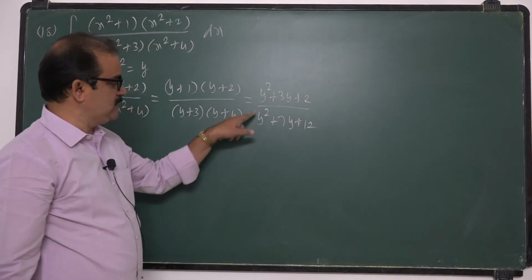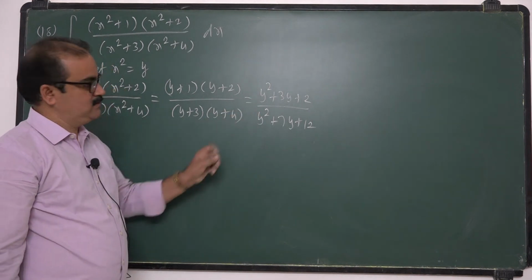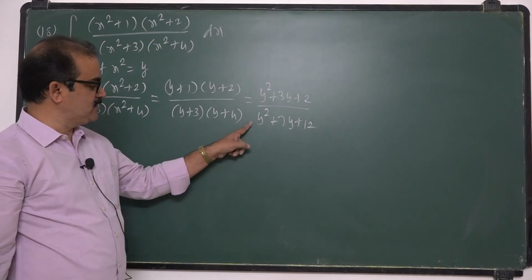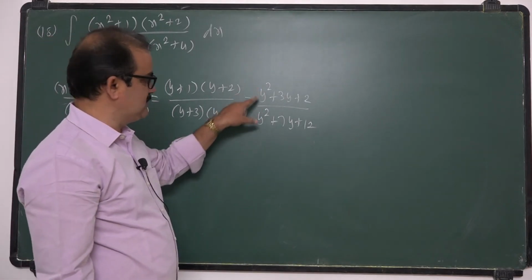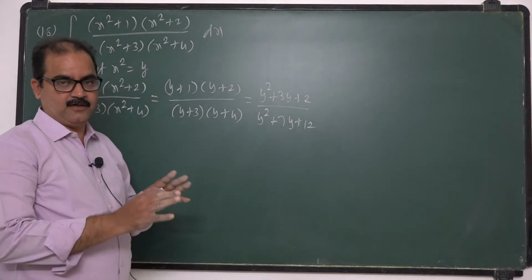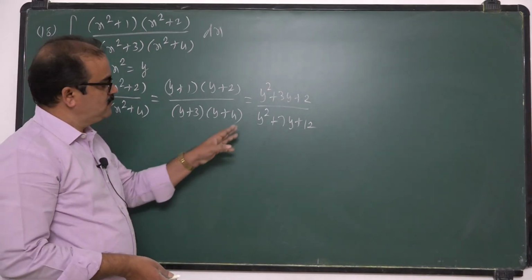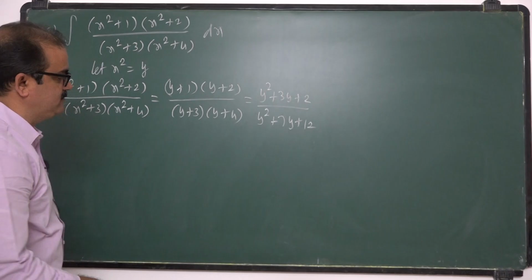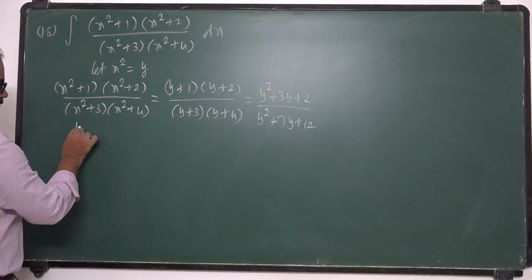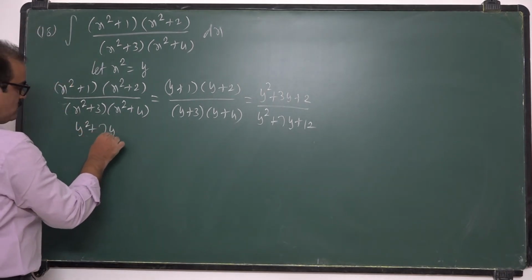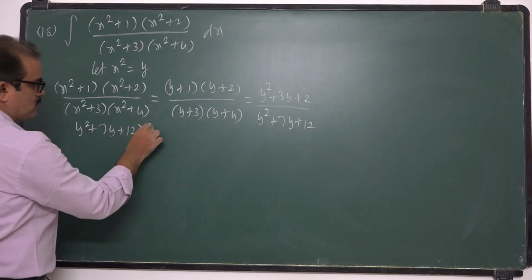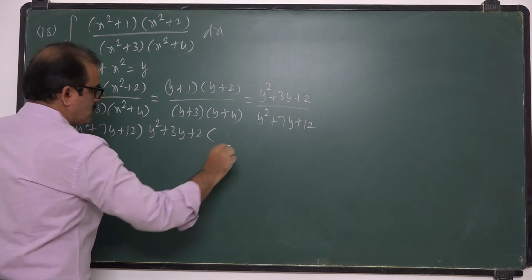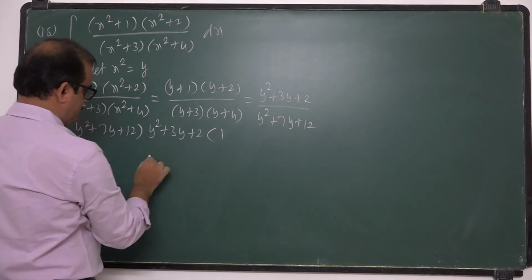Here it is an improper fraction. Degree of numerator is 2, degree of denominator is 2. If degrees are same, then that is called improper fraction. We reduce this into proper fraction by ordinary division. Divide. One time.